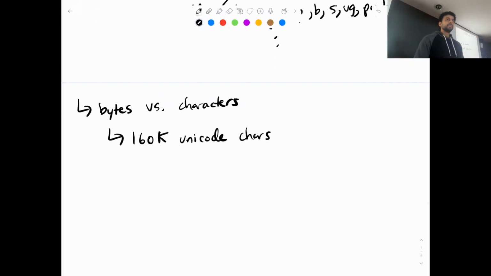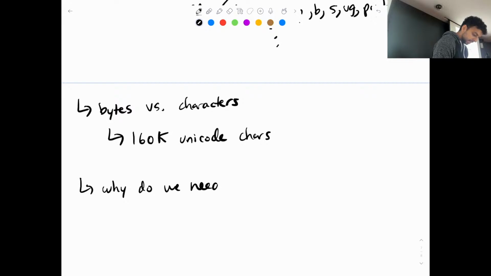That, and many other reasons, motivated people more recently to think about, well, why do we need this kind of static segmentation into a vocab at all? Why do we need a static tokenization?